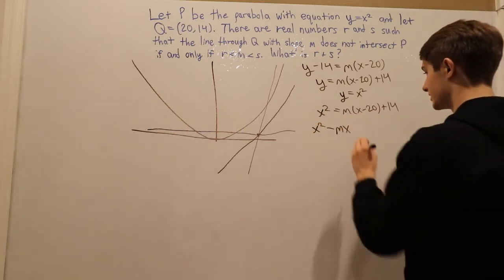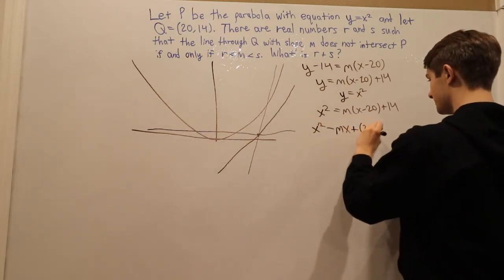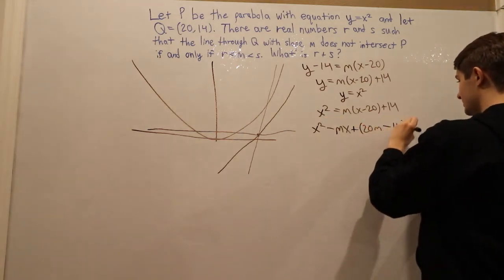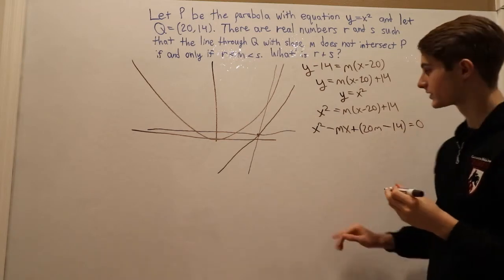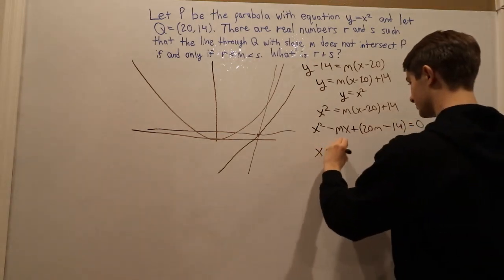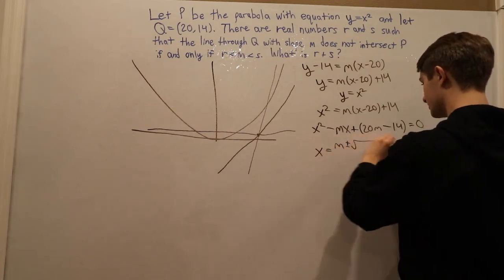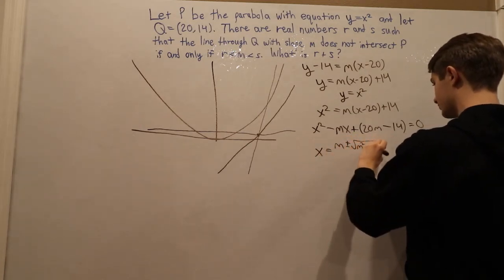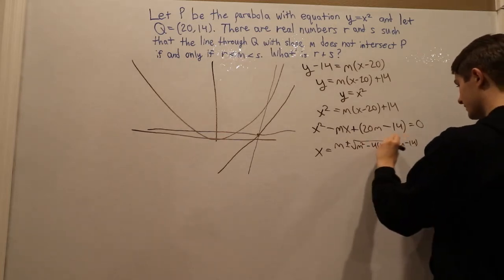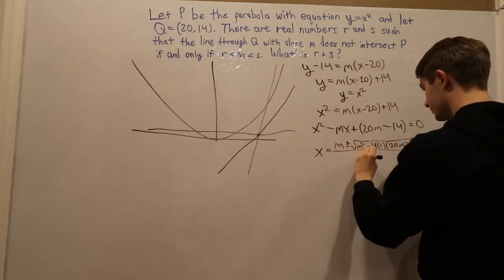So we move it over to the other side, we'll get plus 20m. And then this plus 14 on the other side will be minus 14. This equals 0. So we can use the quadratic formula to solve this, which gives us x equals m plus or minus the square root of m squared minus 4 times 1 times (20m minus 14), divided by 2 times 1.